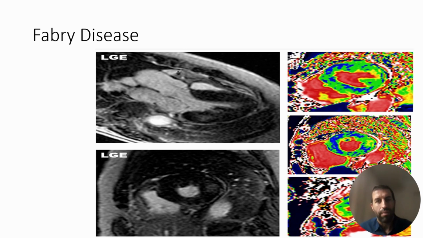On post-contrast images, 4-chamber and short axis views, an area of late gadolinium enhancement is found in the mid-wall layer of the inferolateral wall, which is the typical site of LGE in Fabry disease. At T1 mapping, a diffuse decrease of native myocardial T1 is found.